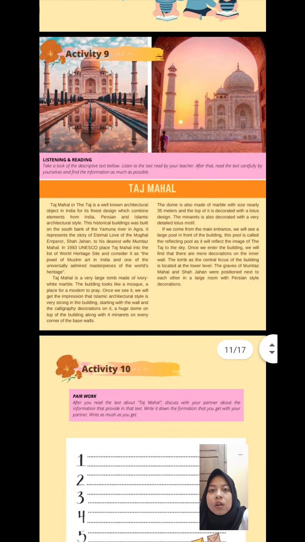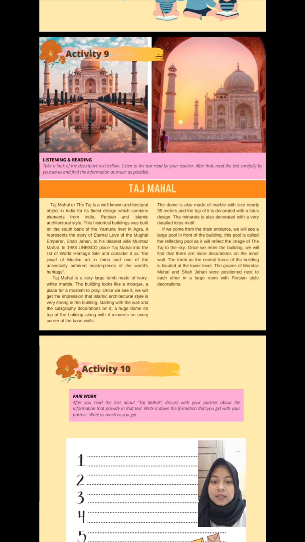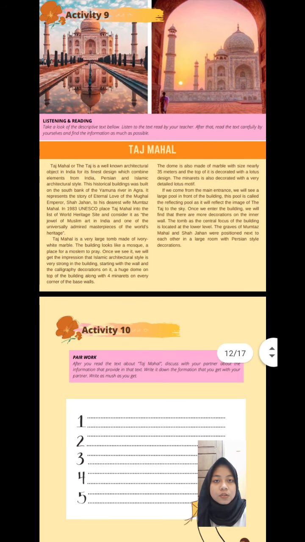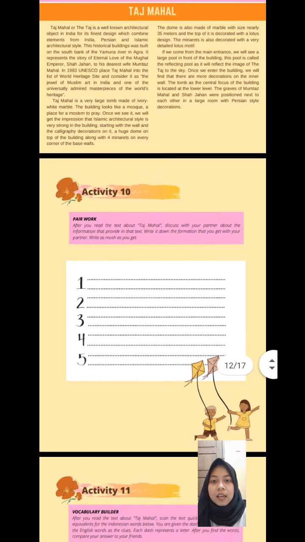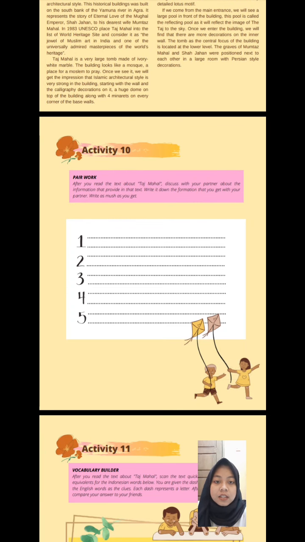In meeting 4, there is activity 9. It's a listening and reading activity, the same as the previous activity. The teacher should read this text, and then students listen to their teacher, and they have to read it by themselves, of course. After that, activity 10 is pair work also.